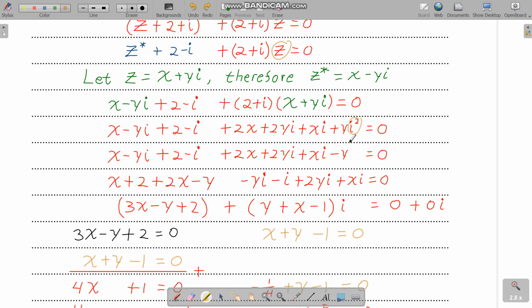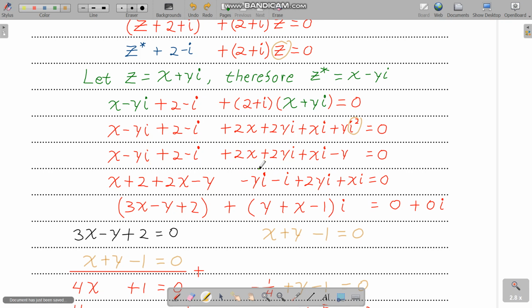And now we group the real parts here. So for the real parts we have X and 2 and 2X and minus Y, we combine it right here. And for the imaginary part, minus YI minus I plus 2YI plus XI, we combine it over here.